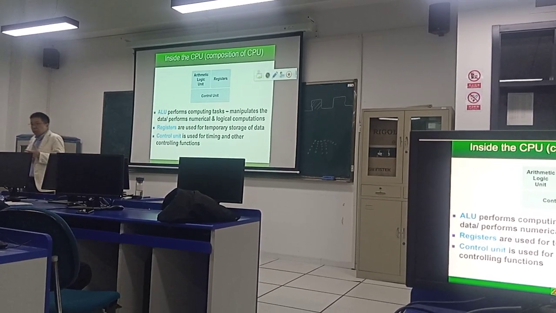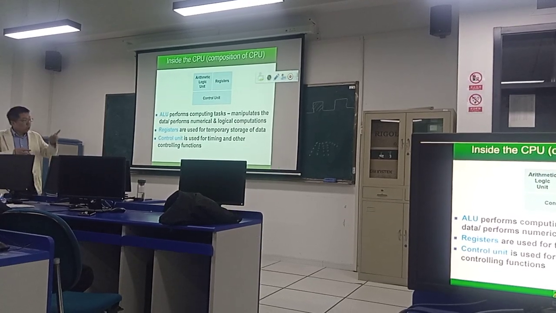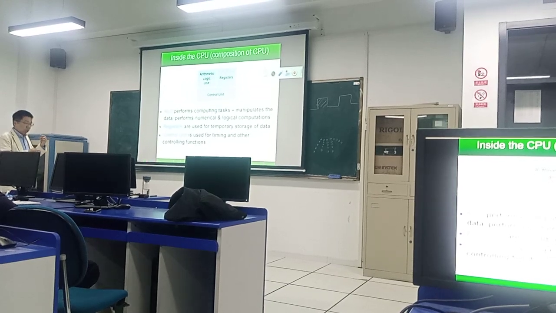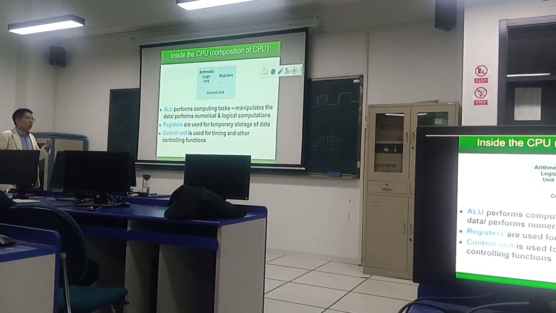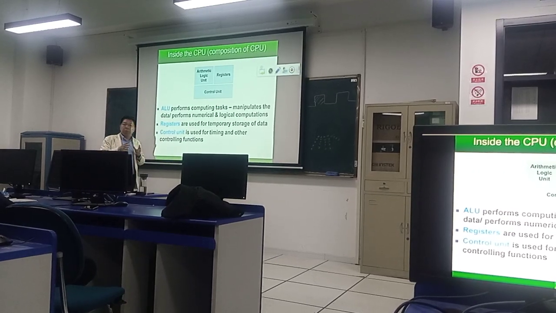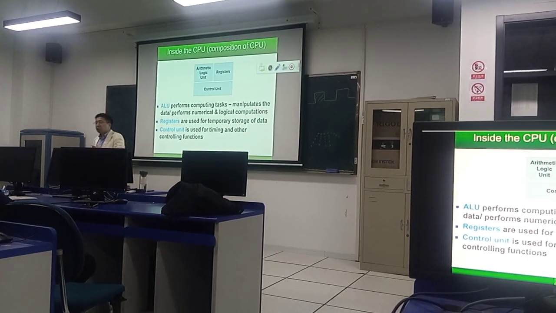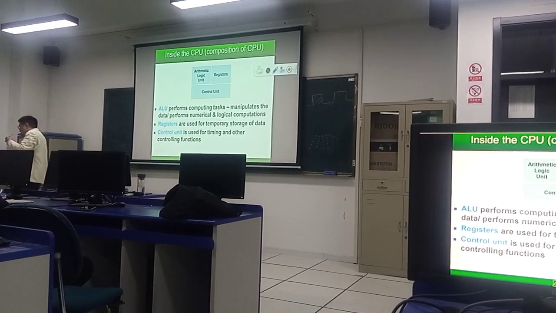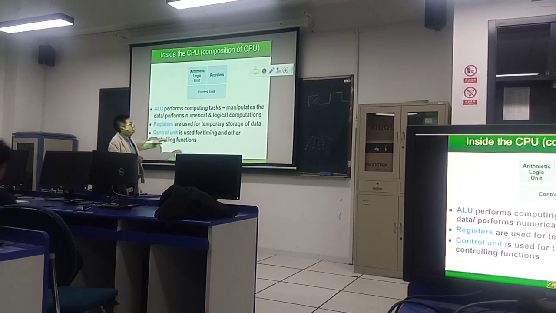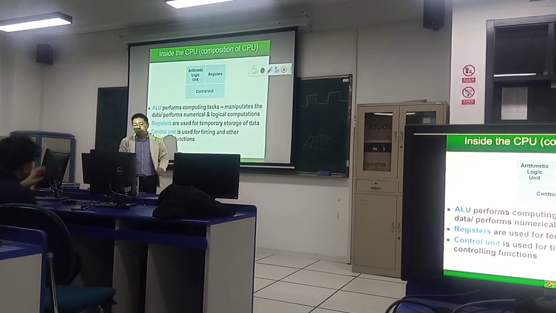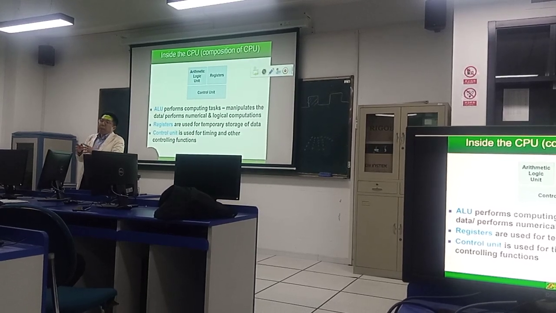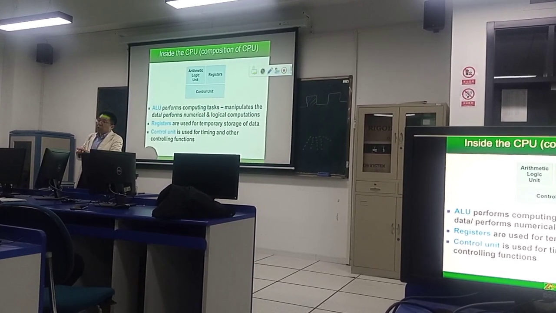So, using this instruction, the ALU can perform addition and division or subtraction. So ALU is a very important part inside the CPU, and ALU is responsible for computing. And the computing inside the CPU, embedded CPU, can be divided into two parts.